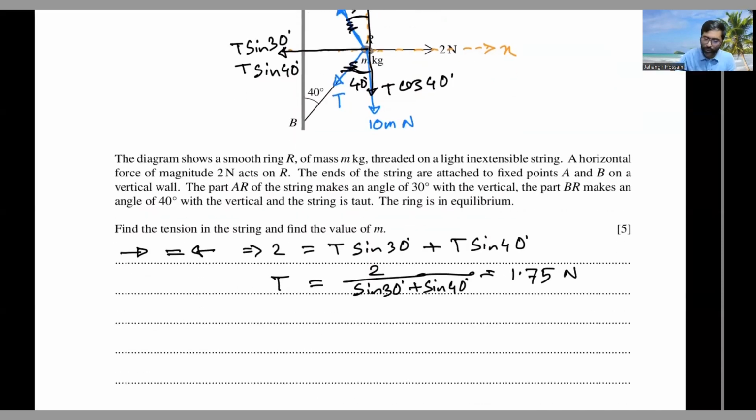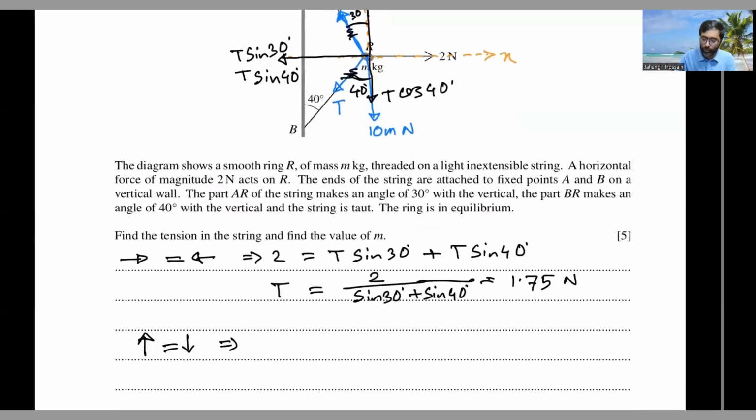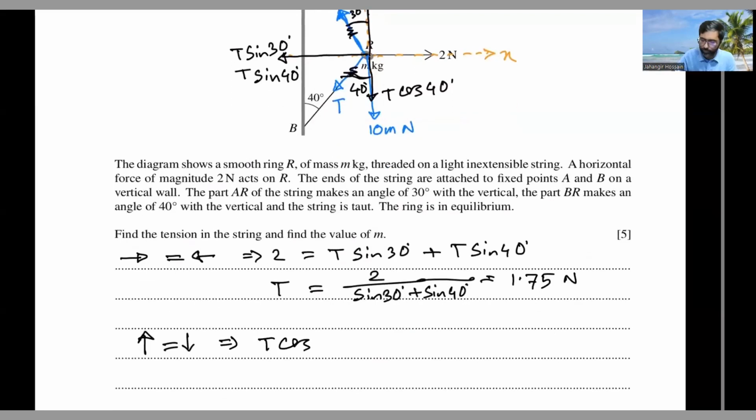And if you equate vertically, upward force equal to downward force, we have upward force T cos 30, and the downward force is T cos 40 plus M. So M is T times cos 30 minus cos 40, divided by 10.